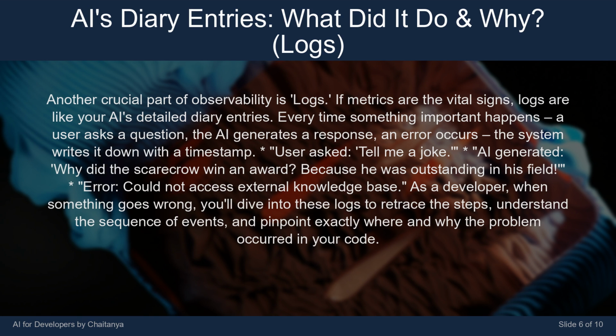Because he was outstanding in his field. Error: could not access external knowledge base. As a developer, when something goes wrong, you'll dive into these logs to retrace the steps, understand the sequence of events, and pinpoint exactly where and why the problem occurred in your code.